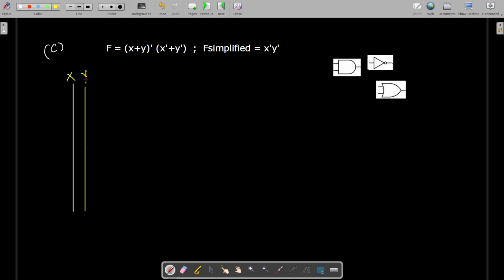So we name the input lines as x and y. We have to take the connection out of this x, then we take the connection out of this y, then both are combined using a two input OR gate. Then the output of this OR gate will be connected to an inverter.